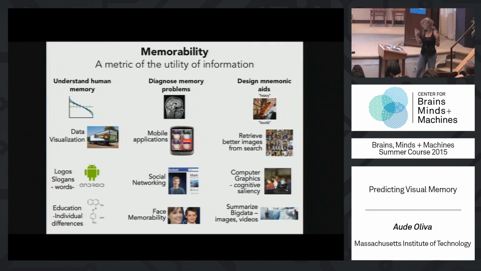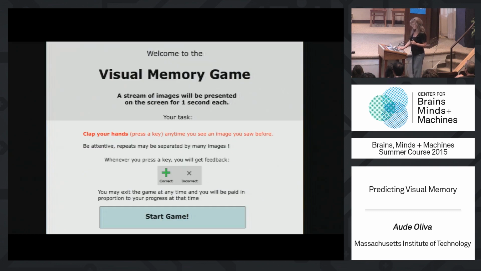There are also various applications like social networking, faces, and retrieving better images. So understanding what makes information memorable or forgettable is a very interdisciplinary question and something very exciting to work on, because there is a lot of future in that topic.